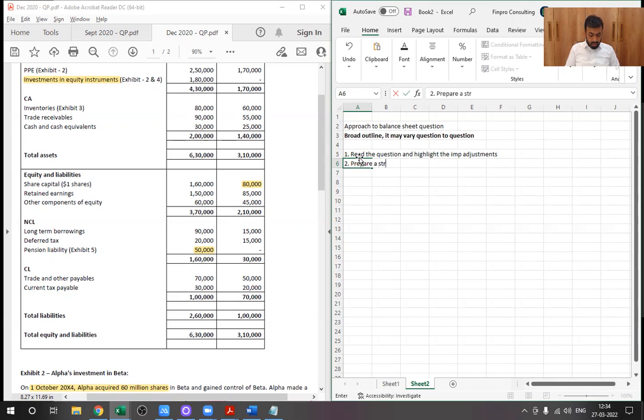Prepare a structure for the SOFP, and from the question, post amounts in the balance sheet or in working notes.